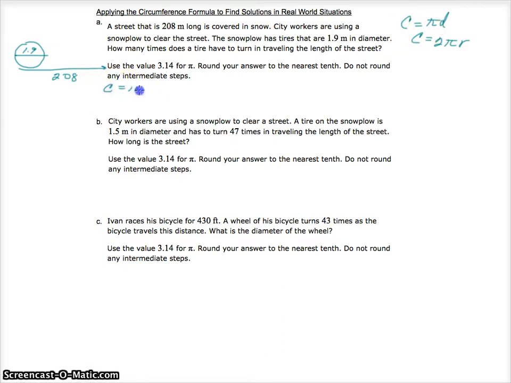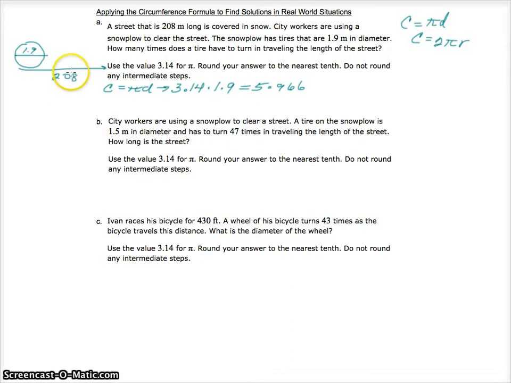So C equals pi d. And that's going to give me 3.14 times 1.9, which is my diameter. And that's 5.966. Okay.